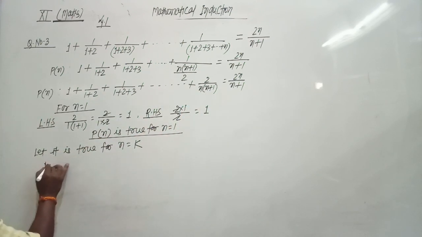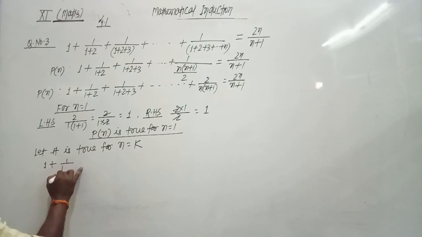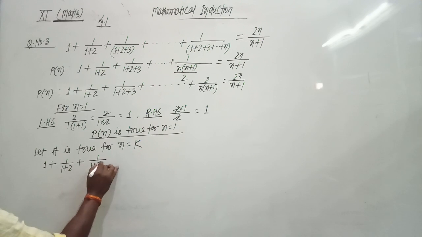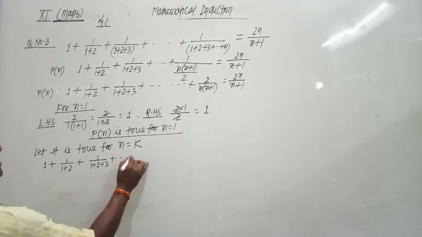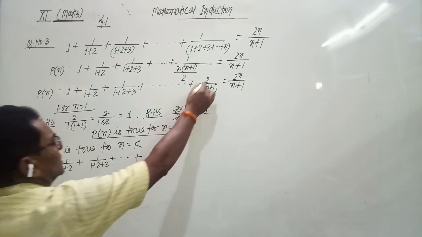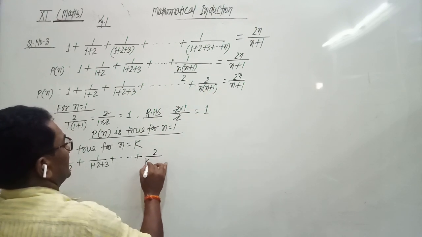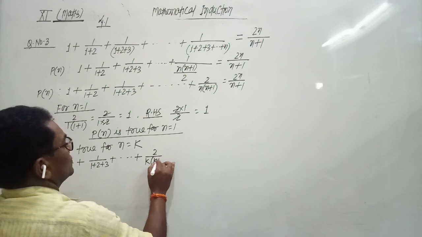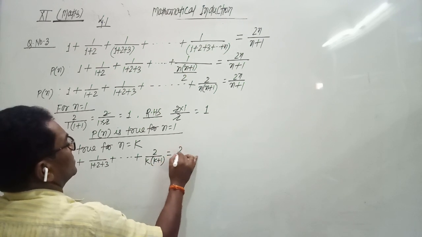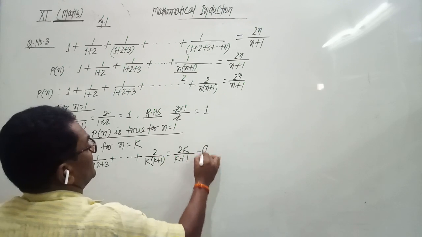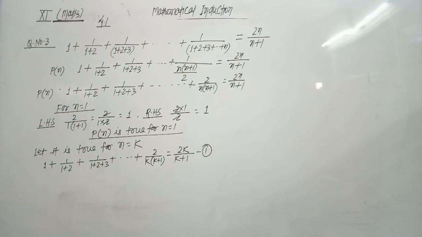So 1 plus 1 upon 1 plus 2 plus 1 upon 1 plus 2 plus 3 plus and so on up to 2 upon k into k plus 1 equals to 2k upon k plus 1, and name it first equation.